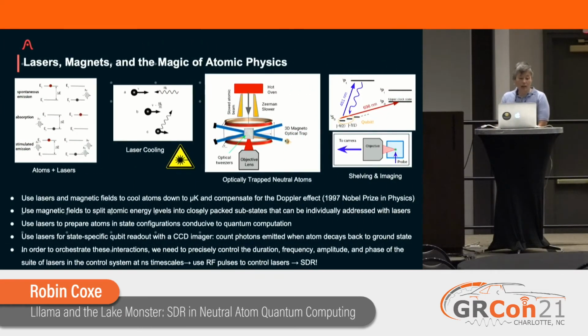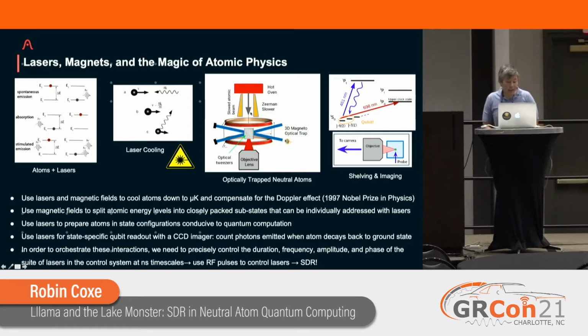So all of this is brought to life through the magic of lasers, magnets, and atomic physics. There's a lot of information on this slide, so I'm just going to summarize what we're doing with the lasers and the magnets. And basically, it all comes down to we need SDR to control this thing. So we're creating our array of strontium atoms by boiling them off of a block of strontium in an oven.